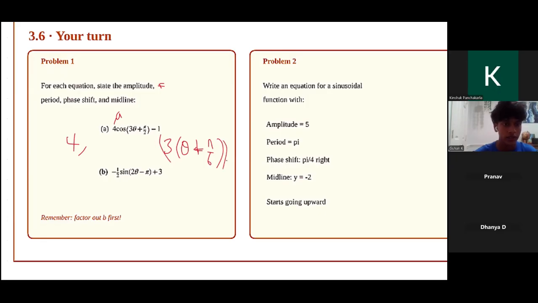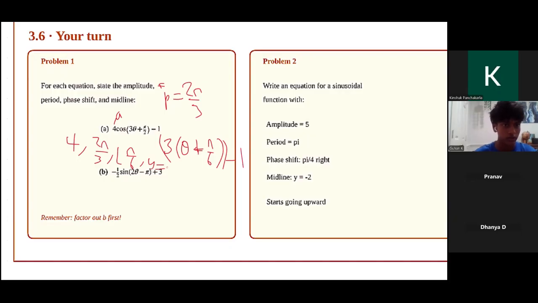So our b value is going to be 3, and remember our period equals 2 pi divided by the b value. And since the b value is going to be 3, it's 2 pi over 3. There's our period. Our phase shift is going to be going left pi over 6 units. So I'm going to write L pi over 6. And then our midline is going to be our d value, which is y equals -1.